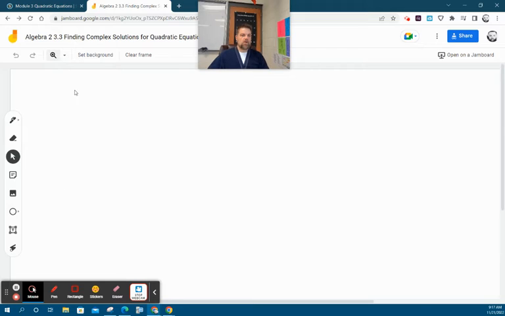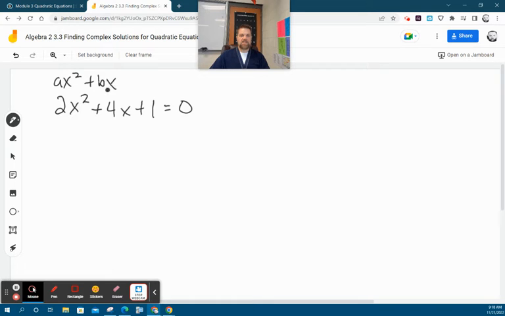All right. So if I think of this quadratic equation, 2x squared plus 4x plus 1 equals 0, right? This is written in the form, and we're going to see this a lot, ax squared plus bx plus c equals 0.